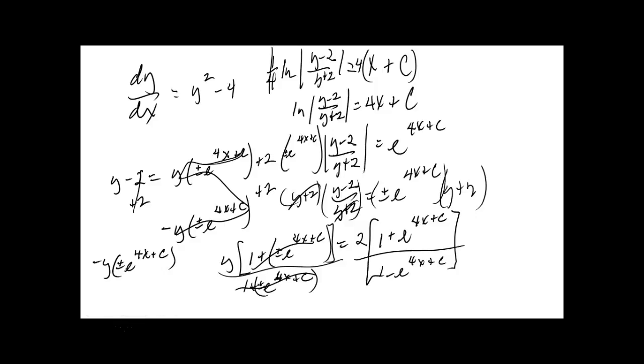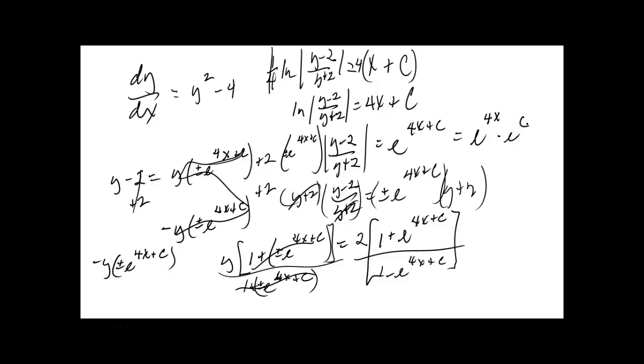Okay. Oh. They just, yeah. The e to the c. Okay. Another little trick here, and really we should have done it anywhere up above here. This thing right here, e to the 4x times e to the c.